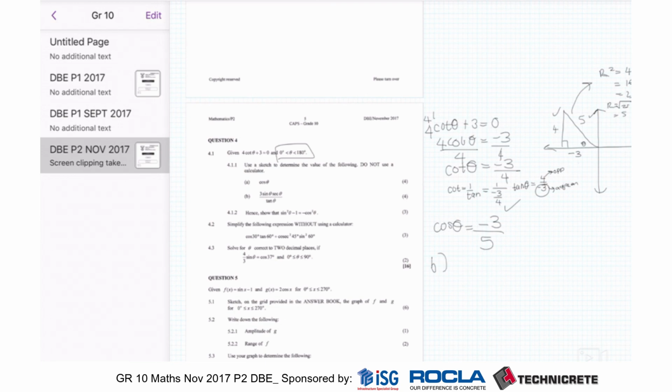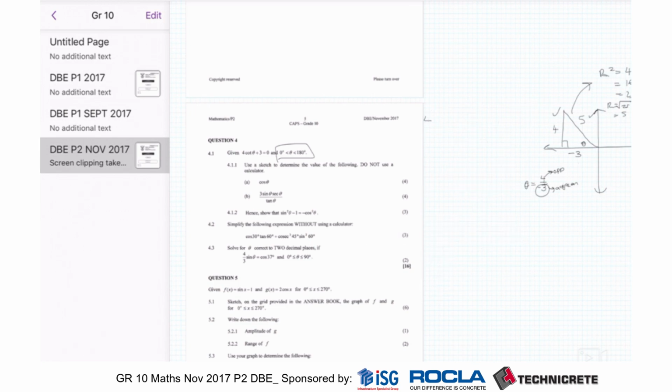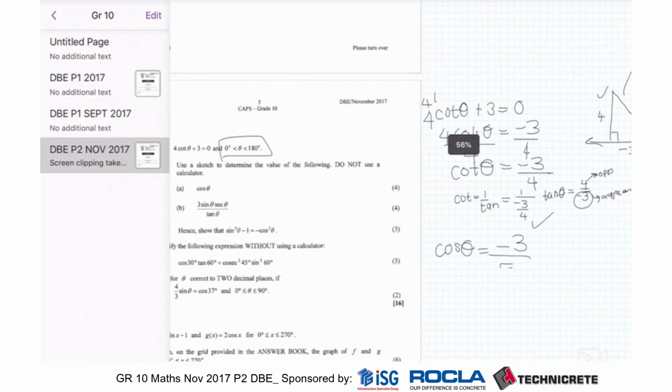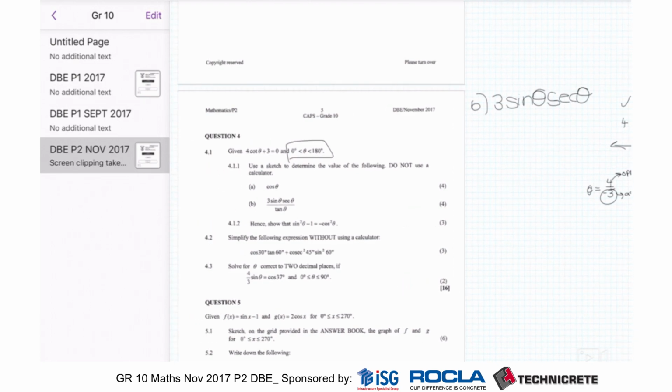B, let's calculate B. B wants us to find 3 sine theta sec theta over tan theta. Let's revise firstly what is sec. What do you remember sec to be? Sec is 1 over cos.